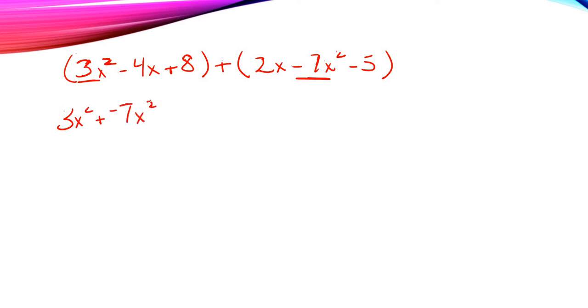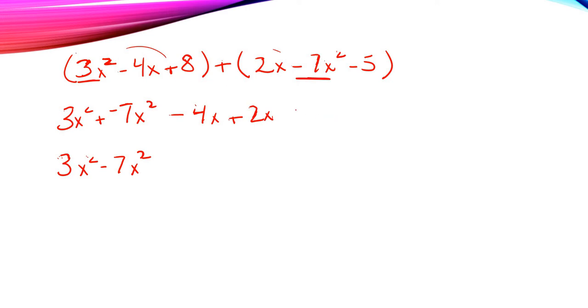Now, since plus a negative is the same as subtract, I could also write this as 3x squared minus 7x squared. Whichever one is more comfortable for you is fine. All right, let's look at some x terms. I've got a negative 4x plus a 2x.